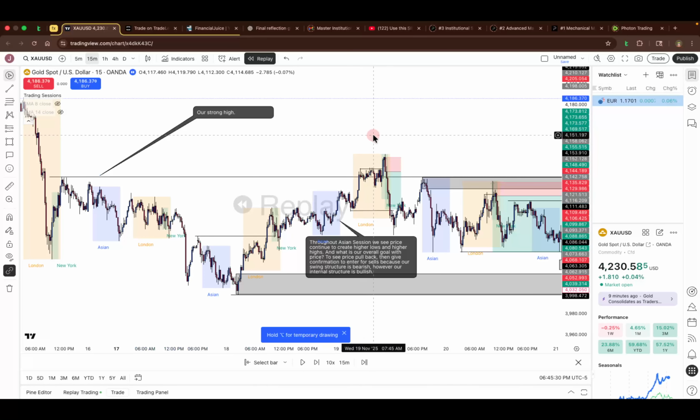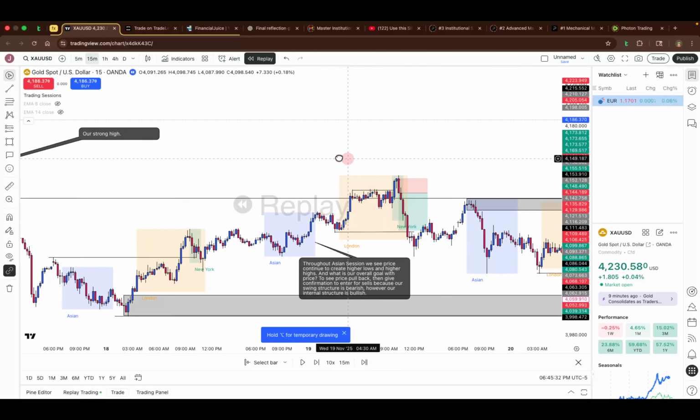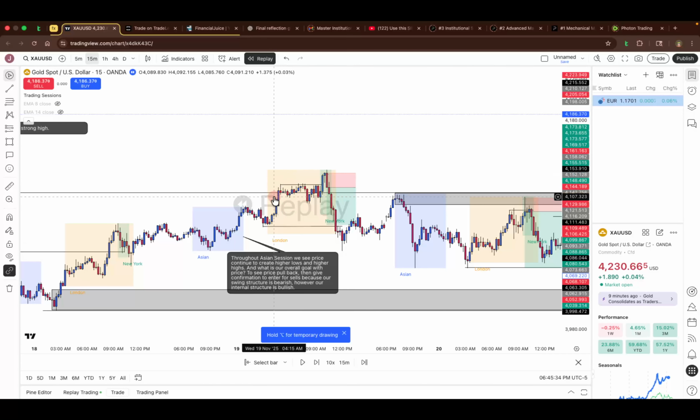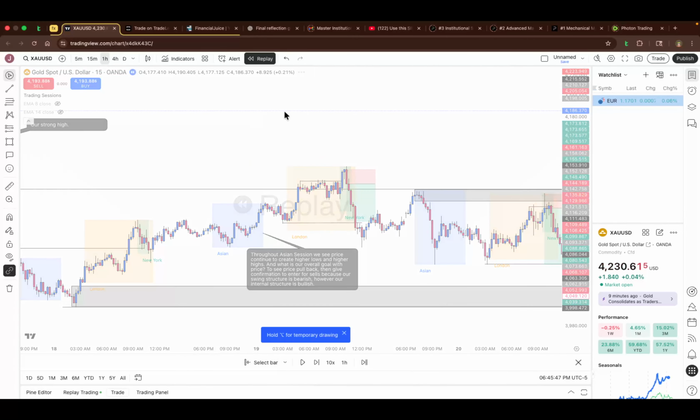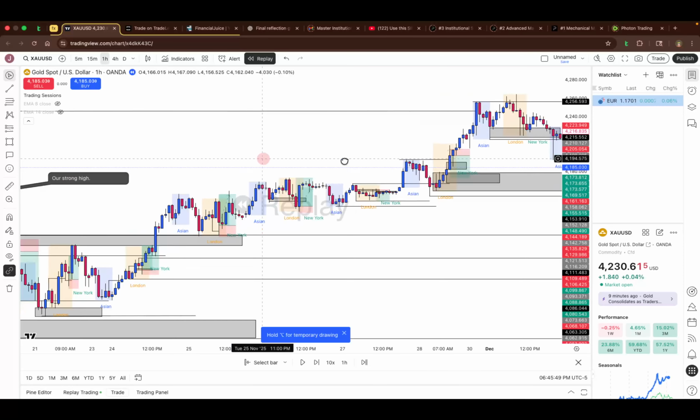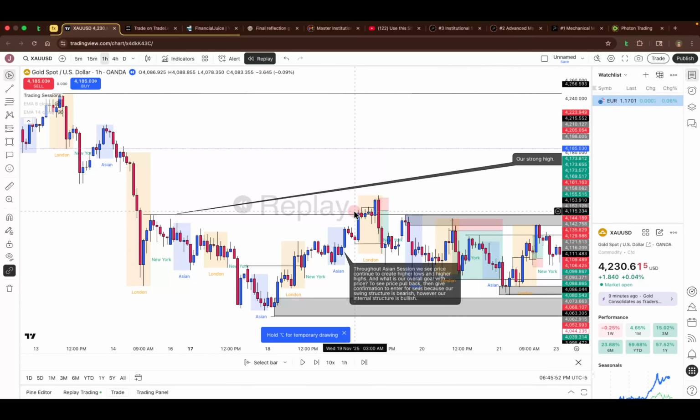So as we see London session finish up, we see price sweep above this high, come above this high, right? But I'm not seeing strong confirmation. If we go on the 1 hour here, you're not going to see strong confirmation of price pulling up. We're going to see price push up, small candlesticks.